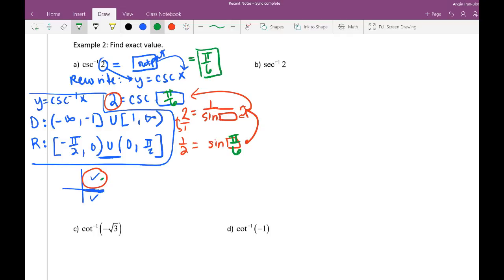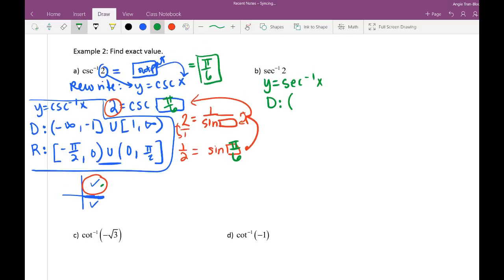And that belongs in quadrant 1, which helps us out. All right, now secant inverse of 2. Because this is the first time that we are using secant inverse, cosecant and cotangent inverse, I'm going to write down the equation: y equals secant inverse of x. Can you write down the domain for me? It is exactly the same as cosecant inverse: from negative infinity to negative 1 inclusive, then from 1 to infinity inclusive only at 1.